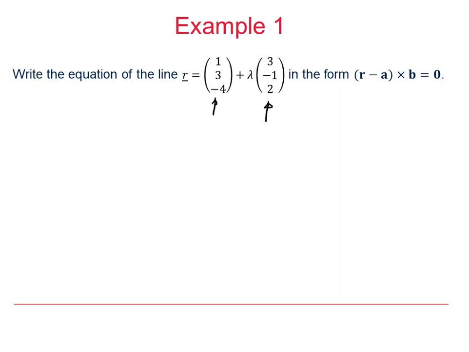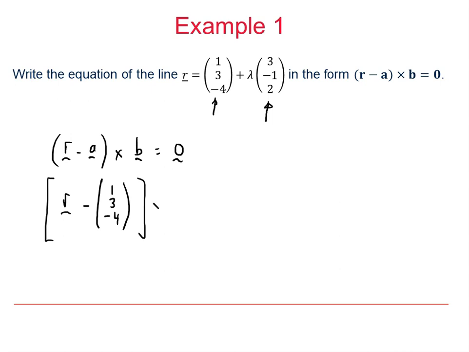Now that's what we need to have our r minus a cross b equal to 0, means that r minus the vector which is the point 1, 3, negative 4, and then we need to take the cross product of that with the direction vector which is 3, negative 1, 2, and that will be equal to 0. So very, very straightforward in that case. In effect, this form of the equation has given us the a and the direction vector b.